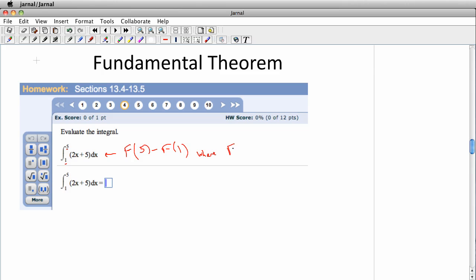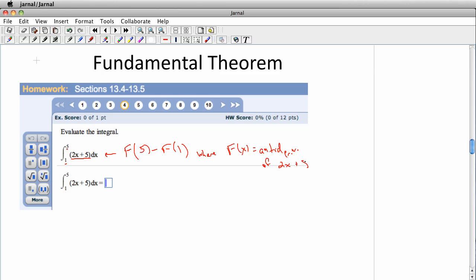Capital F is an antiderivative of the function inside the integration. We call that the integrand. So this guy. So an antiderivative of 2x plus 5.